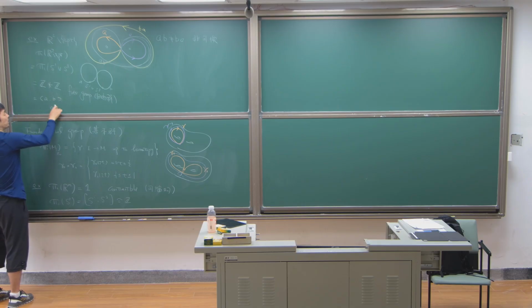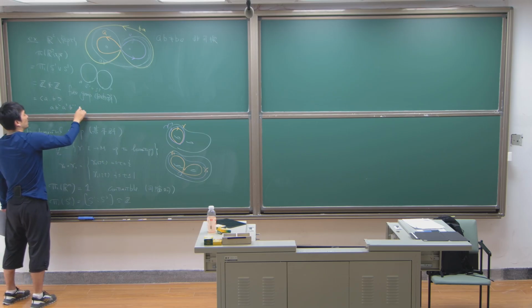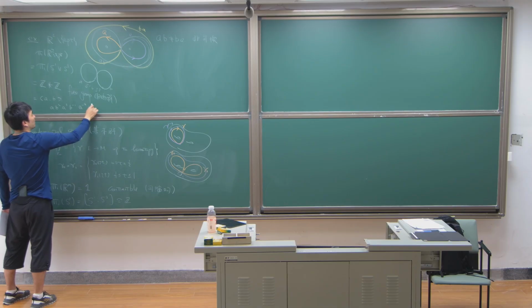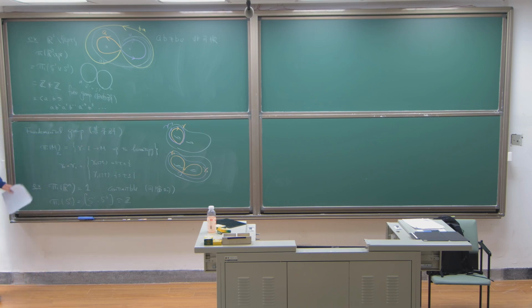And then AB squared, A cubed, A B inverse, A minus 4 B cubed, and so on. So you just write down all the multiplication like this. So that's a free group.